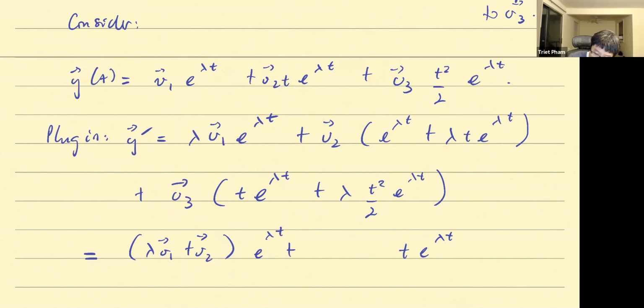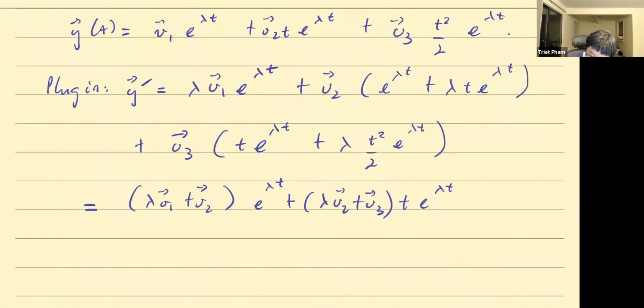See how the structure just repeats itself? And clearly, right, lambda v3 is the only one with the t squared term. Okay. That's taking care of differentiation.